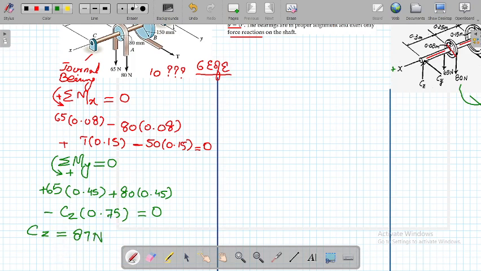The other way is from the equation when we were calculating sigma x: because all numerical values are known except T, you could have calculated T, which comes out to be 58 Newton. So you've got T, you've got Cz calculated.